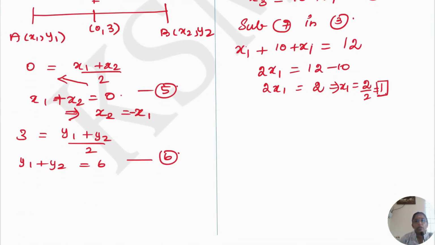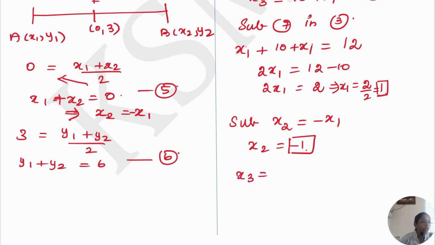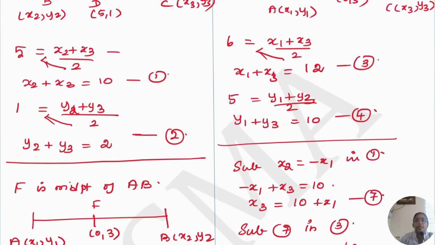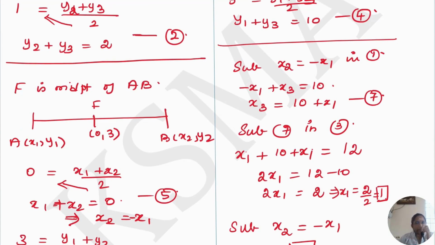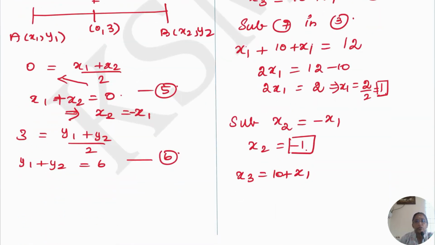And now you know the equation. So substitute into x2 is equal to minus x1. So x2 will be equal to minus 1 now. So we got this answer also. Now again x3 is equal to 10 plus x1, we know very well. Look at equation number 7, x3 is equal to 10 plus x1.